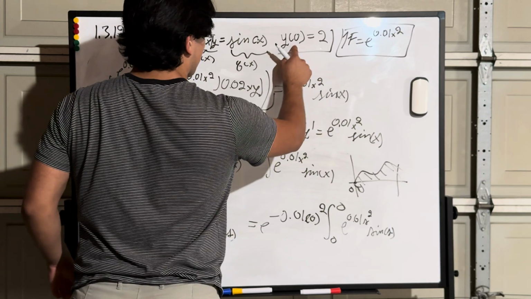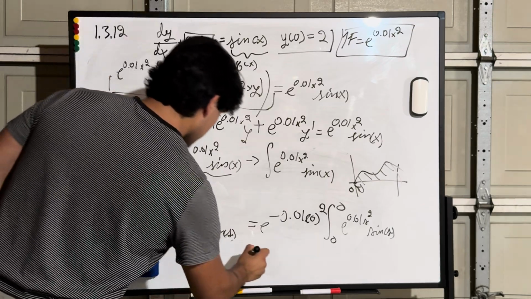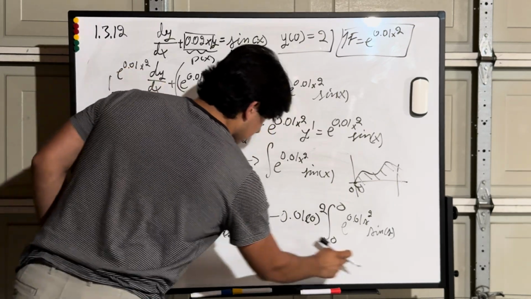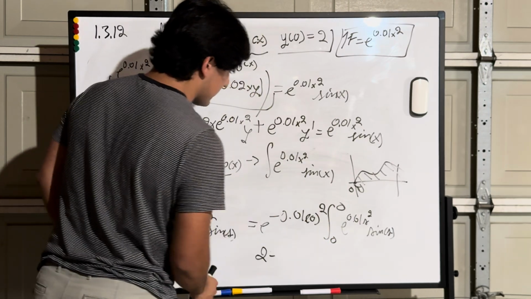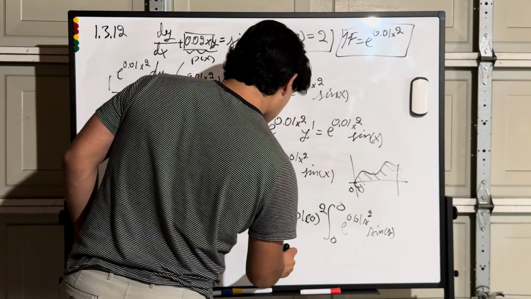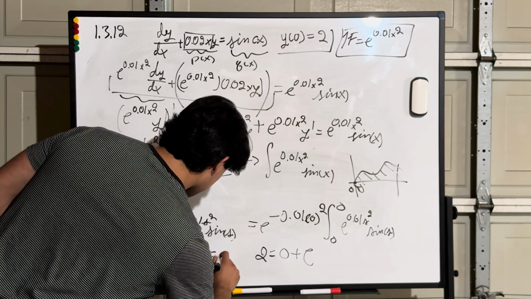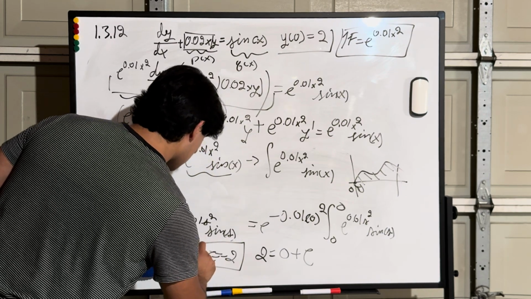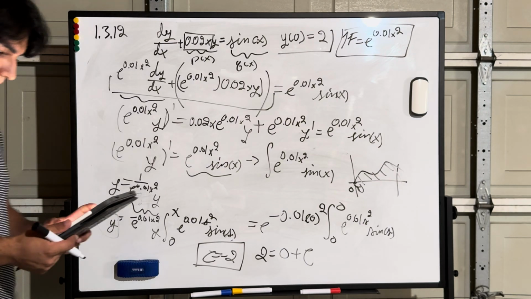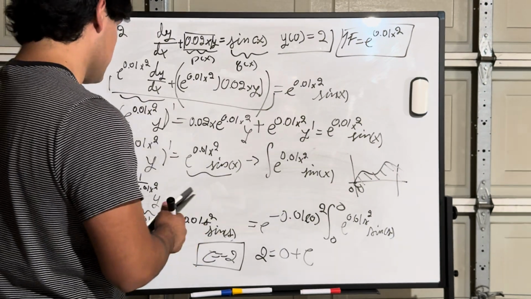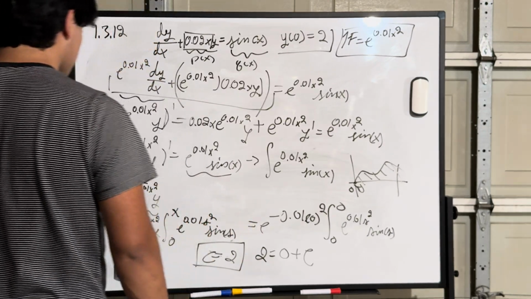So since we replaced x with 0, y must equal 2. So instead of this y, we have a 2. So 2 is equal to, all of this is going to be 0 actually, because this is automatically 0, so even if you get a 1 here, you get a 0. 0 plus c. So c is just equal to 2. Oh wait, no. Yeah. So c is equal to 2.